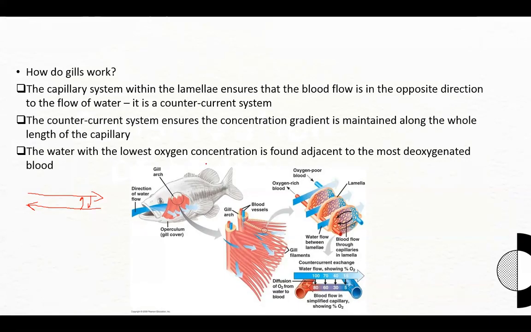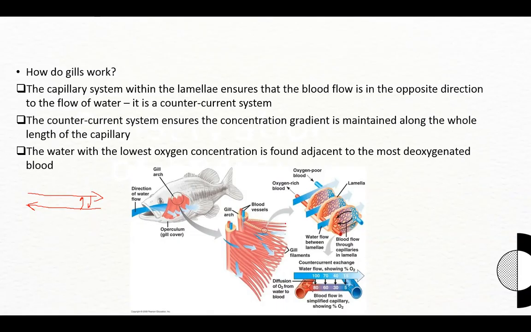So the water with the lowest oxygen concentration is found adjacent to the most deoxygenated blood. So we have the system here. The water comes in through the mouth of the fish and it goes through the system. Here you have the arch, the gill arch. You have your operculum, which is the gill cover on the outside of the fish here.